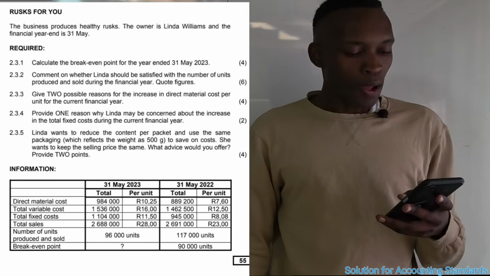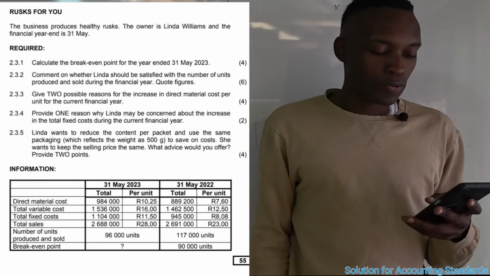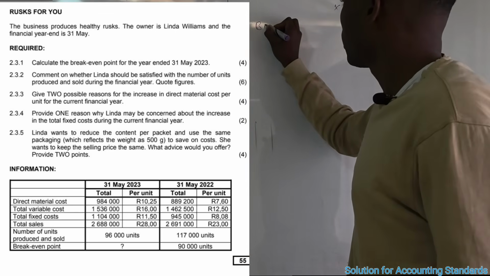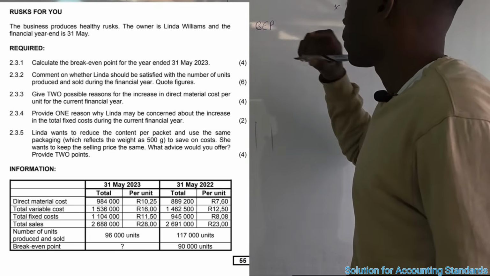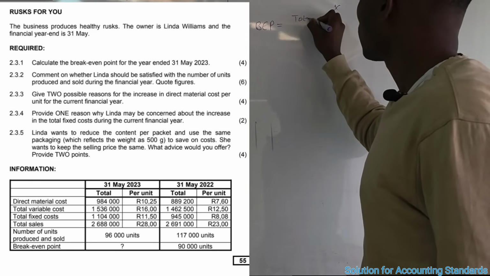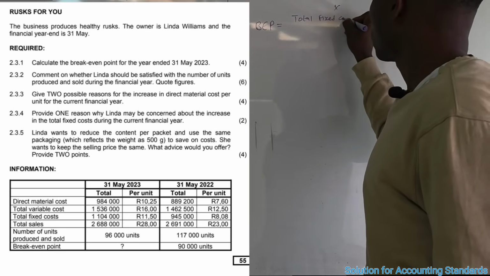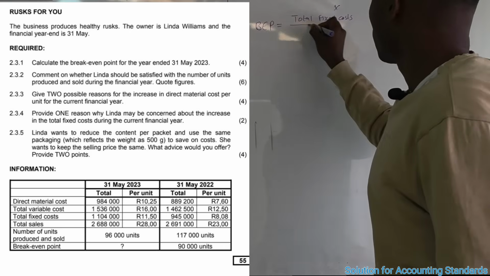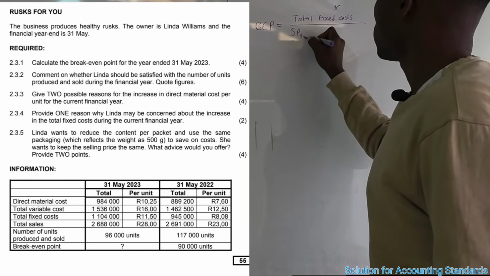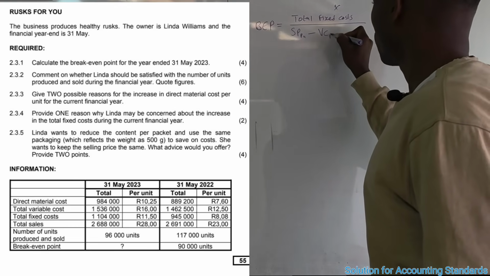Okay, calculate the break-even point for the year ended 31 March 2023. Break-even point, BEP, is equal to total fixed cost divided by selling price per unit minus variable cost per unit.